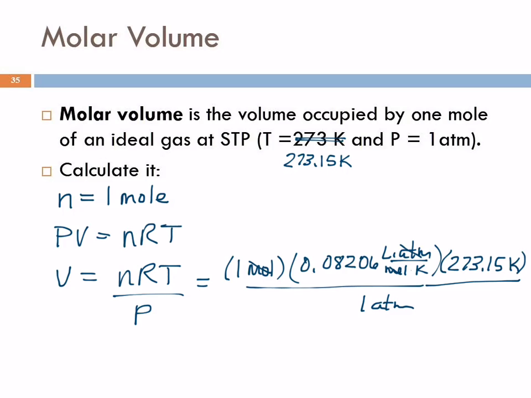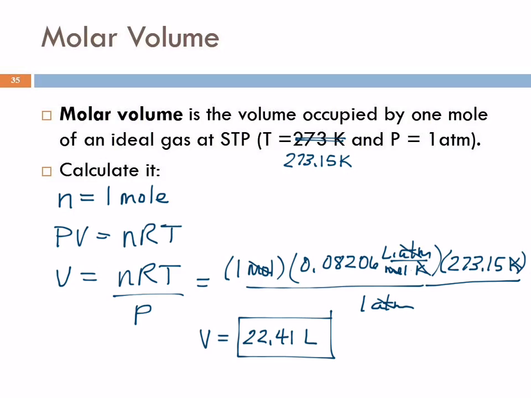Moles and moles, atmospheres and atmospheres, Kelvin and Kelvin. So the volume is 22.41 liters. For 1 mole. 1 mole of gas occupies a volume of 22.41 liters at standard temperature and pressure.